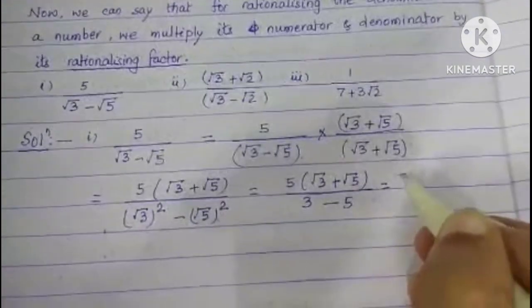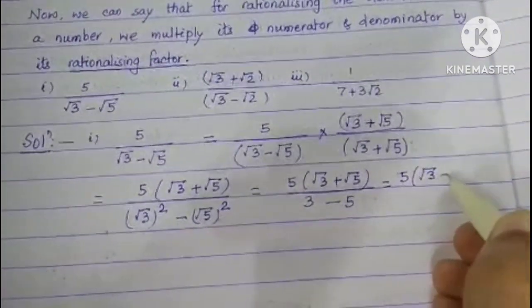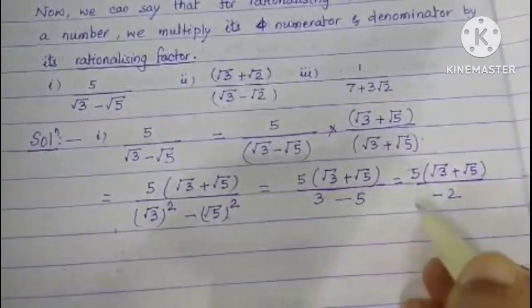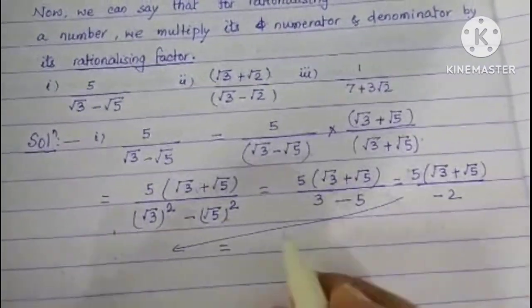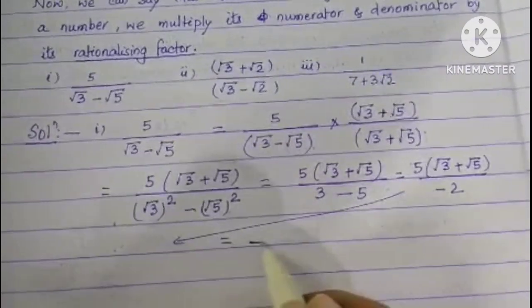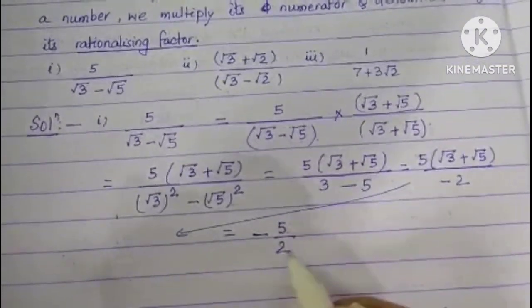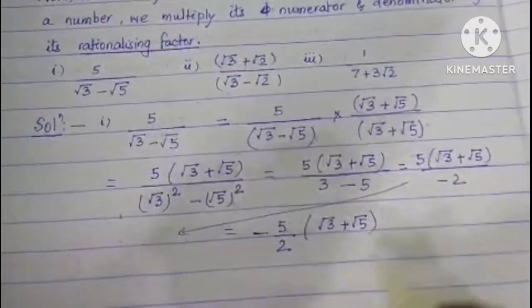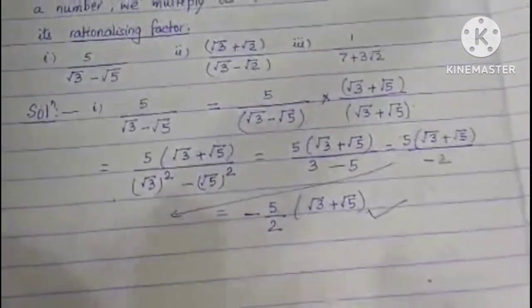So it will be 5 root 3 plus root 5 divided by minus 2. We don't write minus in the bottom, so we write it this way: minus 5 by 2 times root 3 plus root 5.